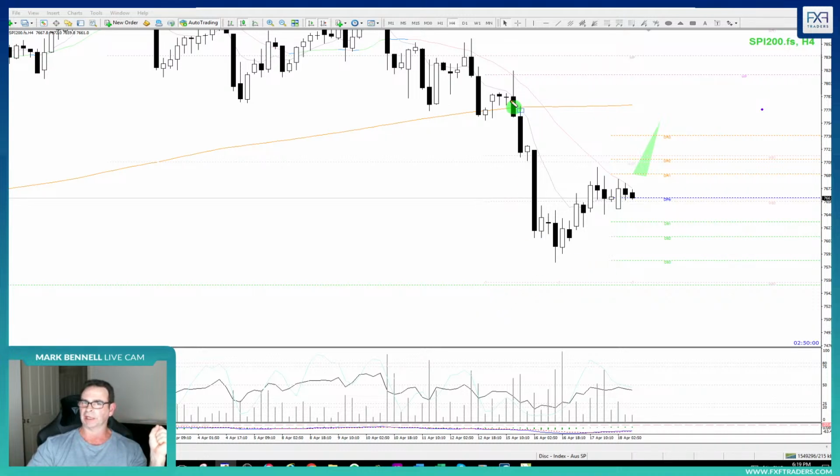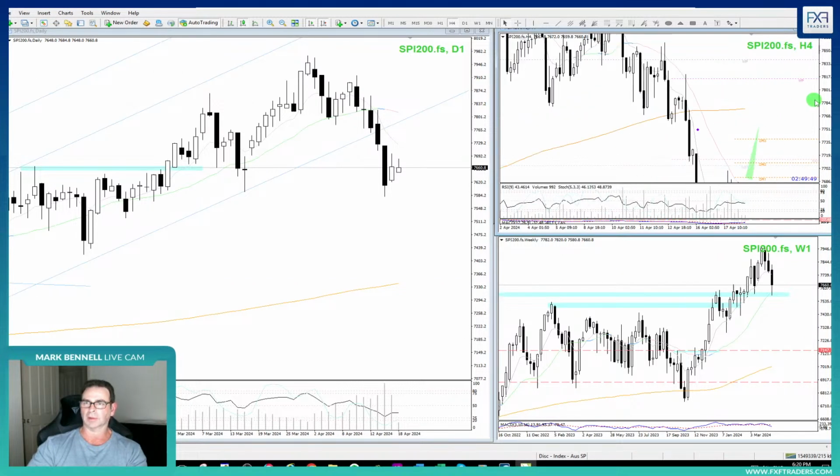What makes me think it is this big climactic leg. All right? Generally, we want price action to look relatively smooth, don't we? And this is not it. We've got this climactic leg. All right?